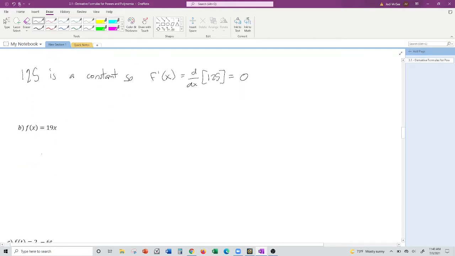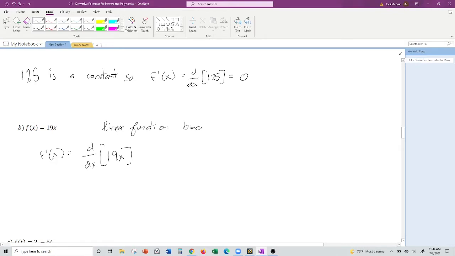Over here we have f of x is equal to 19 times x. So f prime of x, well, this is the derivative with respect to x of 19x. Okay? So this is a linear function with an intercept equal to 0, right?